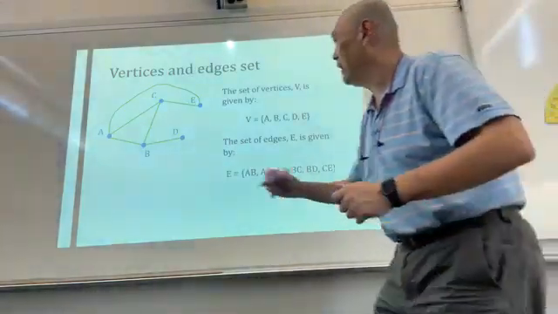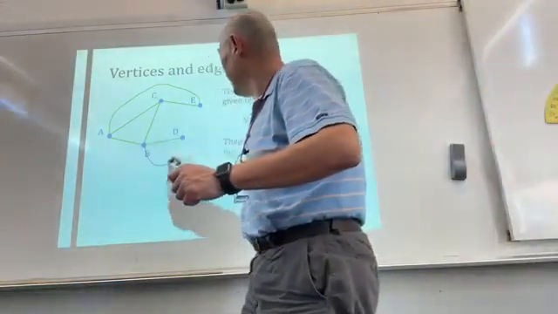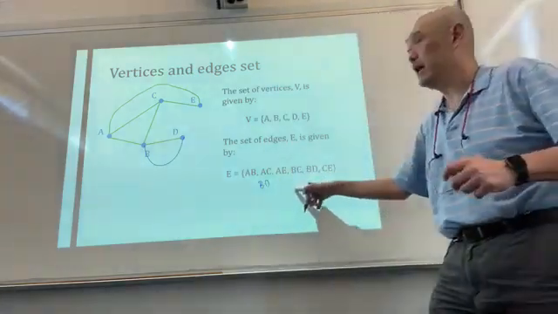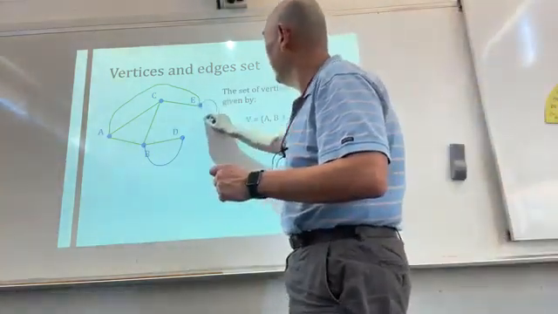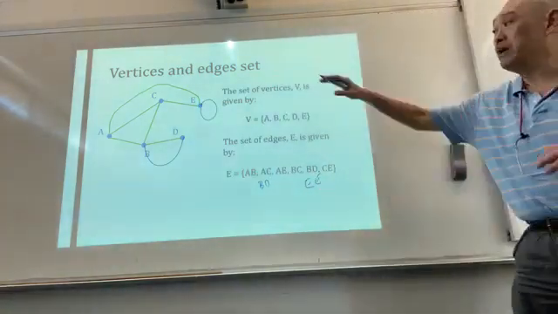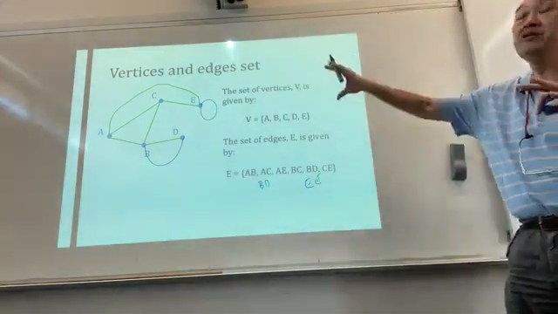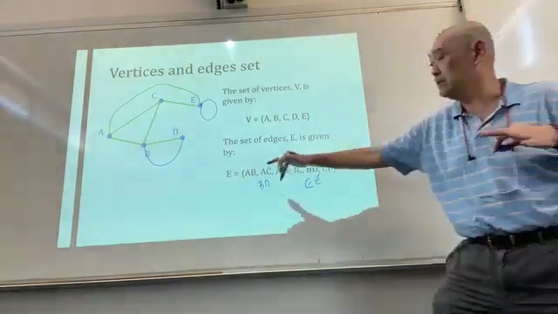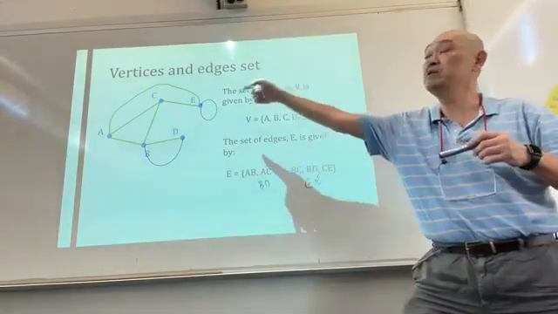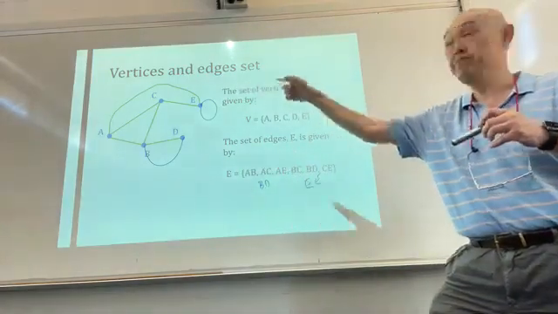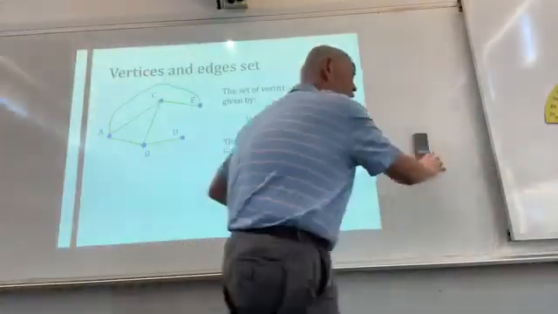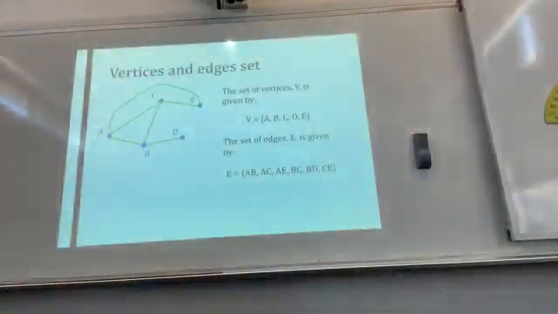However, if there's an extra connection between BD, you must mention that as well. There should be two BDs in there. Or if there's a loop, EE, you must mention EE in there as well. If you're given this, you can identify the vertices that are adjacent, and you must be able to draw the graph. So make sure that you list all the edges.